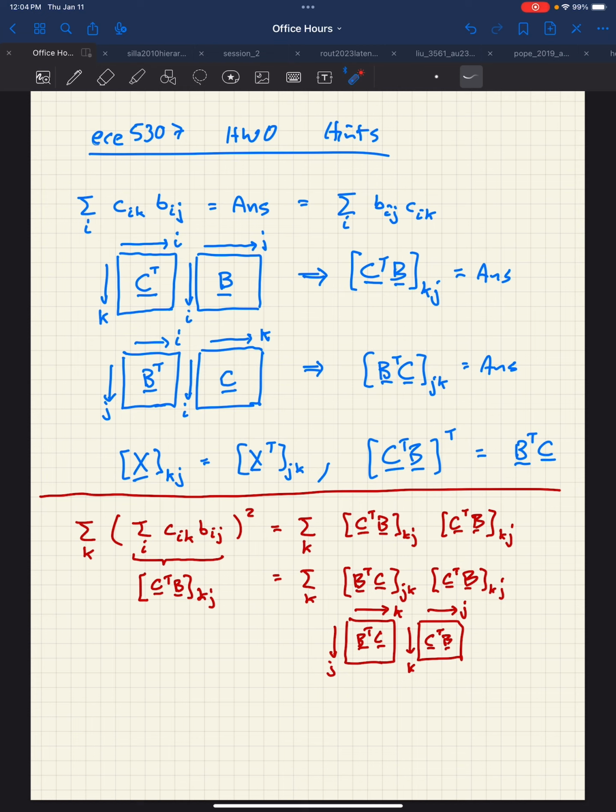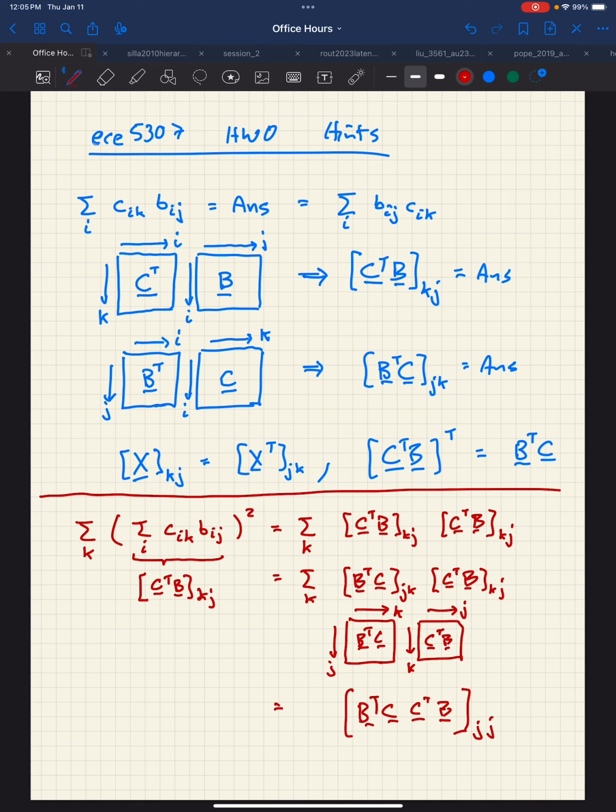So at the end of the day, I can rewrite this as a new matrix, B transpose C times C transpose B, and I am extracting one particular entry from that, the jth row and the jth column of this new matrix. So I have j, j there.